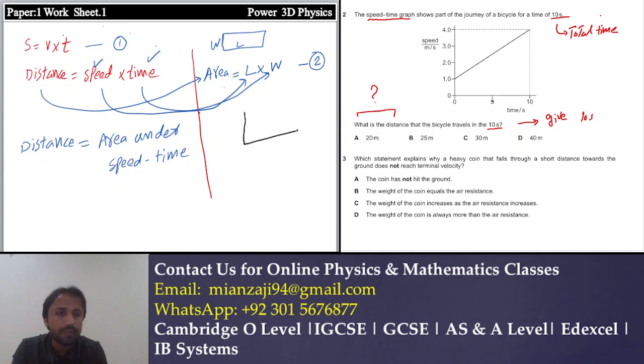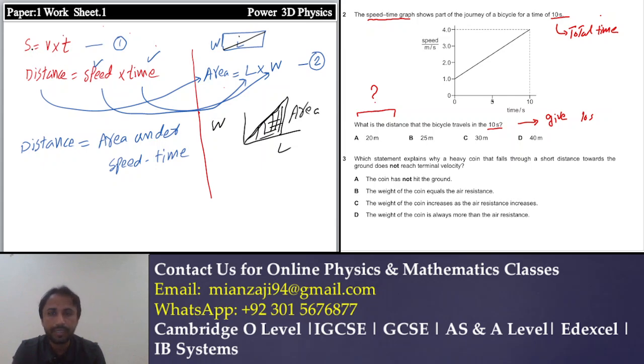If this is the length and this is W, and if this one is a graph, then that area will show the mathematical expression for area. It means the area under the graph will be equal to half of this rectangle. We can say that.